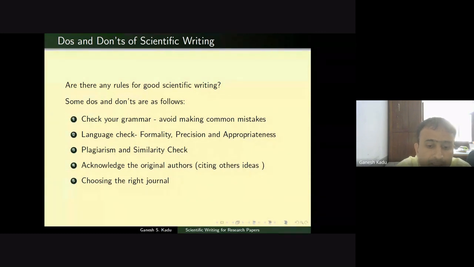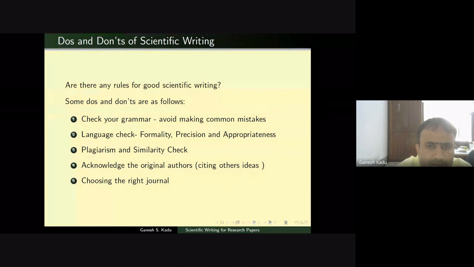That's fine. But when you write a scientific report, article, or research paper, there are at least some common basic mistakes you should avoid. And you can avoid them, because you can ask your friend or colleague to correct mistakes, or you can use some online package, maybe something like Grammarly, to check grammar.